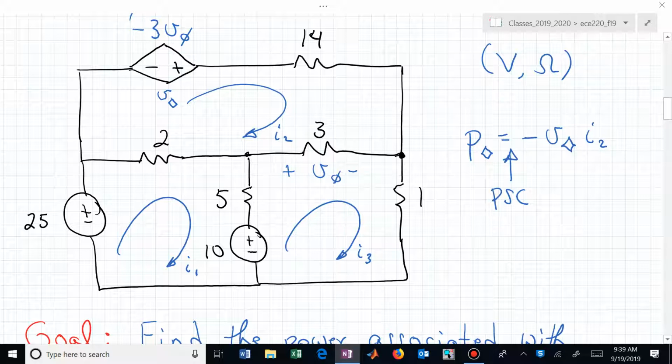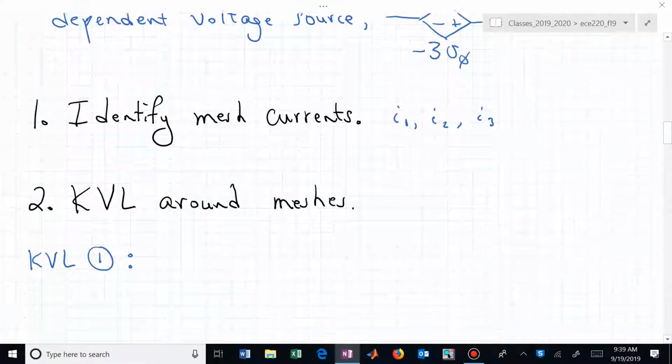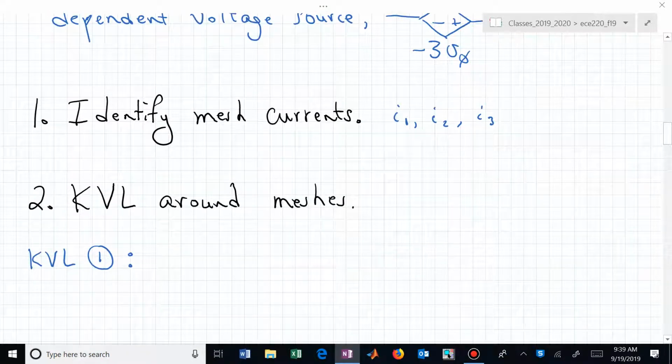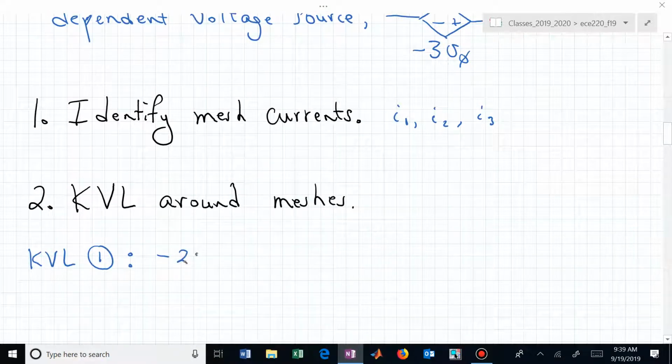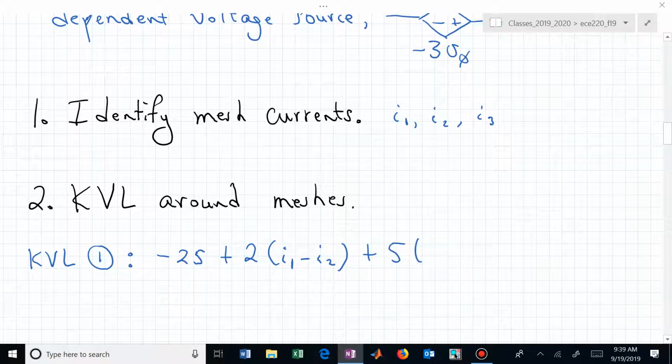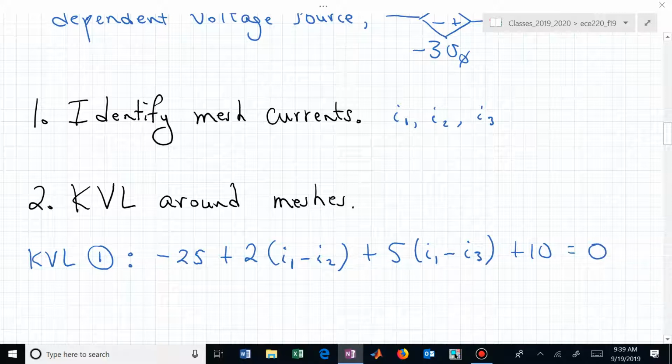That's KVL for mesh 1. Whatever I just said, that's now minus 25 plus 2 times I1 minus I2 plus 5 I1 minus I sub 3, according to how we've labeled the mesh currents, plus 10 is equal to 0. And there's one of our equations that we need.